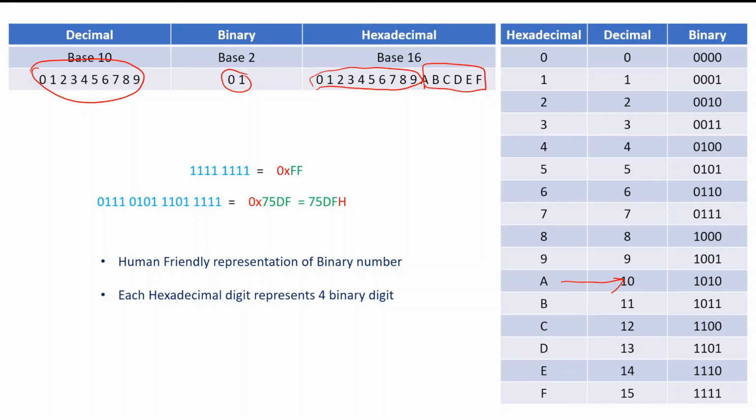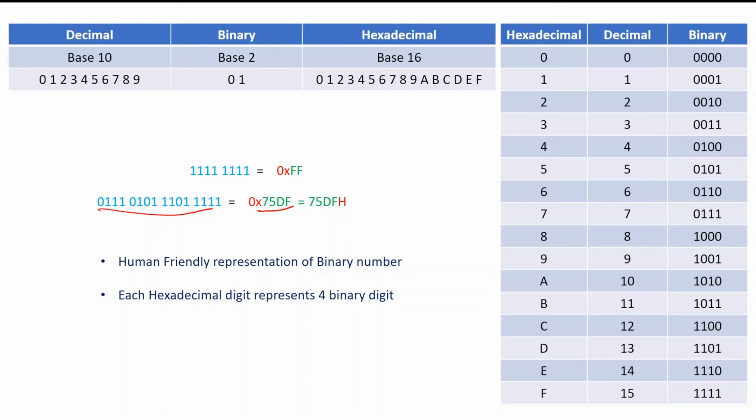Each digit in hexadecimal represents 4 bits of binary. Here, for example, the number F is equivalent to the binary 1111. The hexadecimal numbers are primarily used as a short form of binary numbers. Instead of writing such a big binary number, we can shortly write it like this.